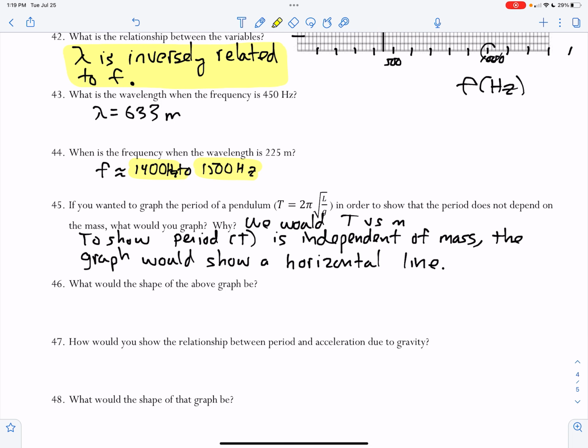Okay, number 46, okay, what would we do? What would be the shape of that graph? Well, it's a square root function. If you look at that, it's a square root function.